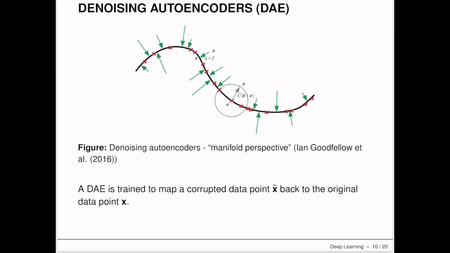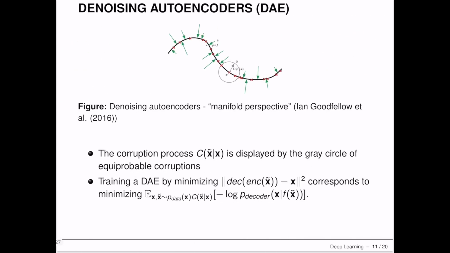And then we learn to map these corrupted points back by learning to undo the corruption. And this is done by minimizing the difference between the reconstruction given the corrupted input point and the original input point.